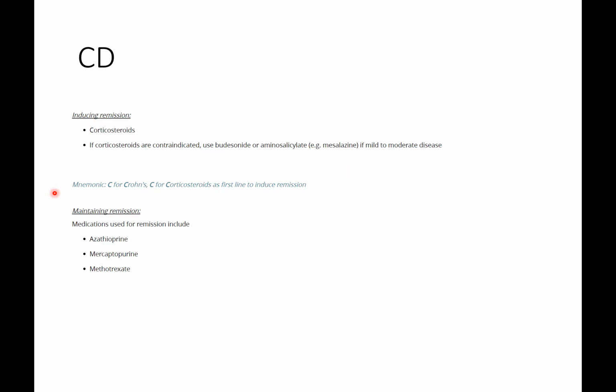Now to maintain it, for Crohn's, you can see that we go directly to azathioprine or mercaptopurine or methotrexate. One of the main reasons for this is that you go for more aggressive drugs, because Crohn's disease is, as we know, transmural and comes in skip lesions, and you need a more aggressive treatment to prevent its complications.